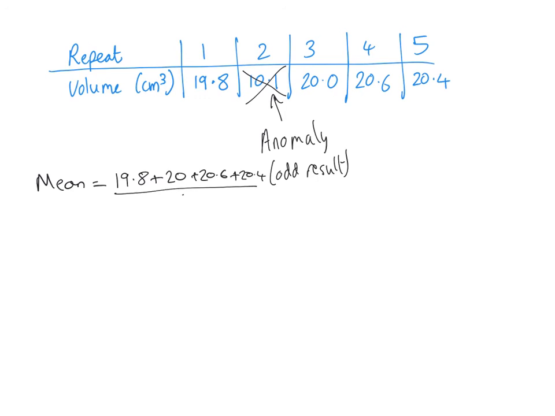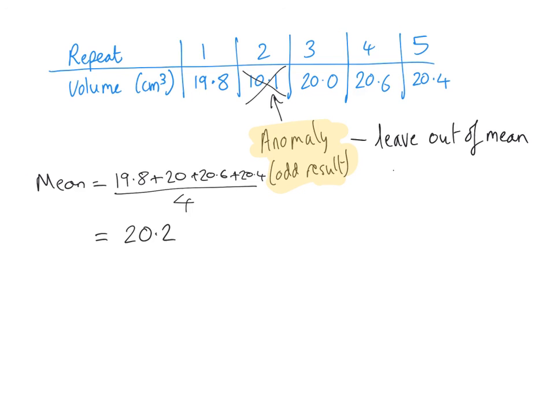And then we divide it by 4 because we're only using 4 numbers, and we therefore get an answer of 20.2. If we'd used the 10, that number would have been way too small because the 10 would have dropped our mean down. So the anomaly we leave out of the mean.